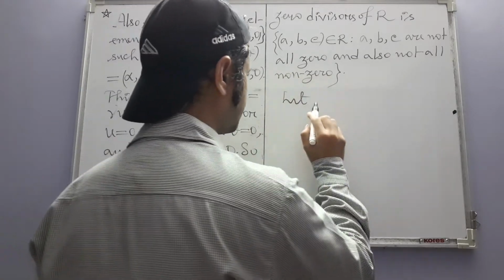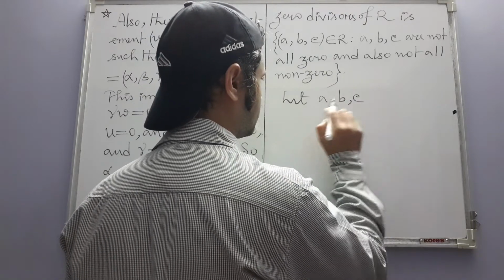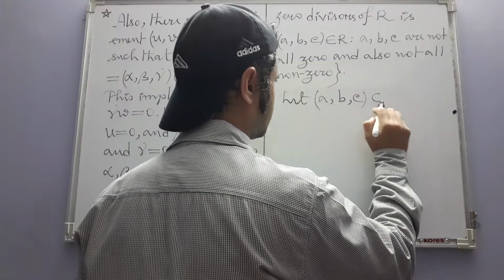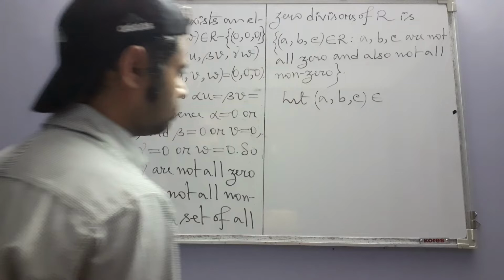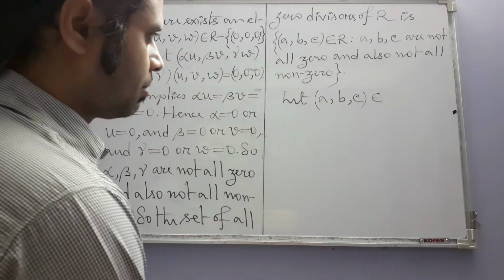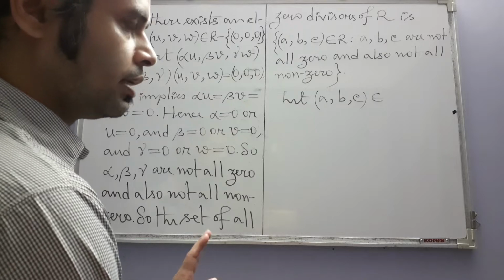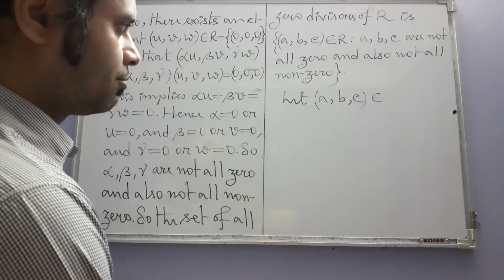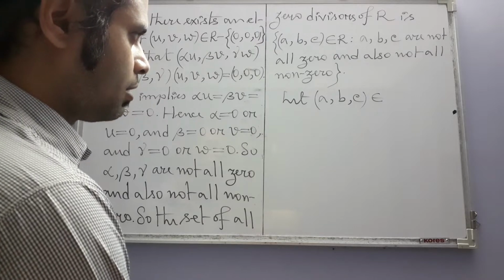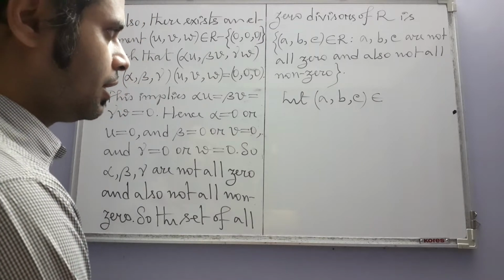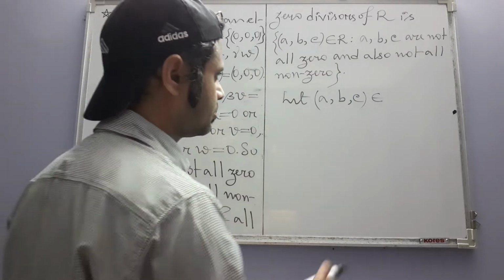Let this belong to R. So which one should I do first? Here also we have to show two things, right? We have to first of all figure out what the units are, and then we have to show that they are the only units and nothing else comes out as a unit.